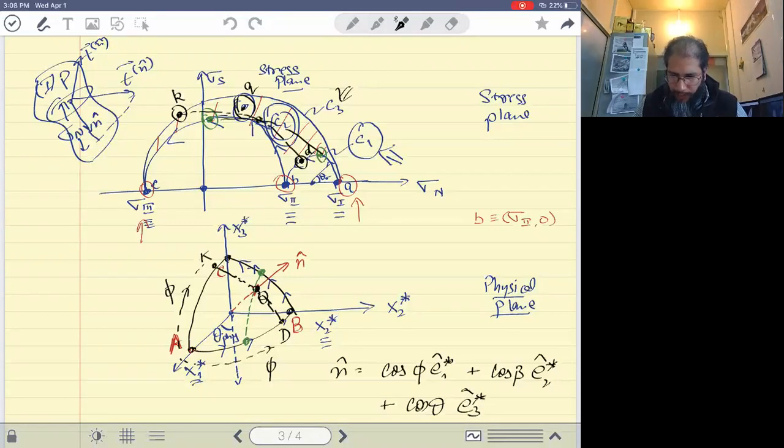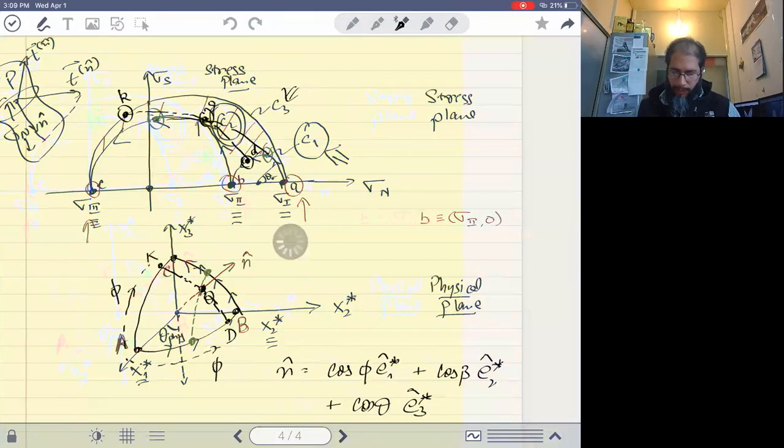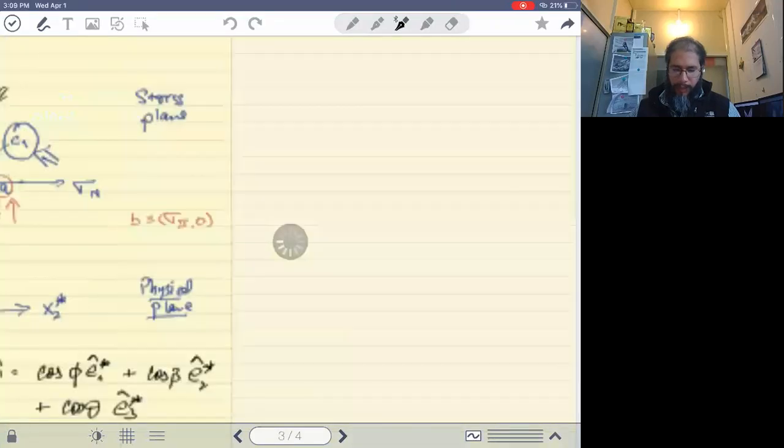So somewhere here is that point Q. Right. So that's pretty much the idea that you use.